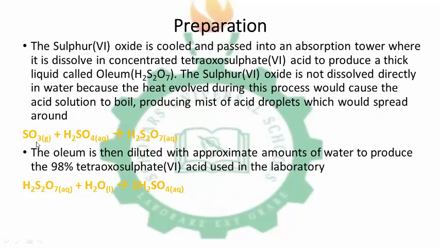Now this SO3 reacts with H2SO4 to form what we call oleum, H2S2O7. The oleum is then diluted with an appropriate amount of water to produce the 98% tetraoxosulfate 6 acid used in the laboratory.